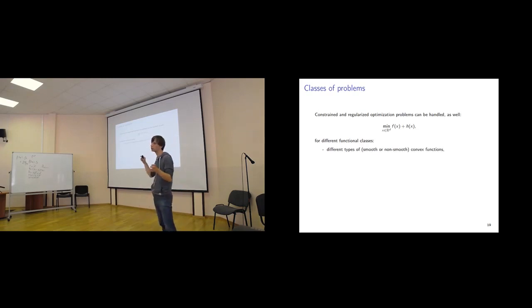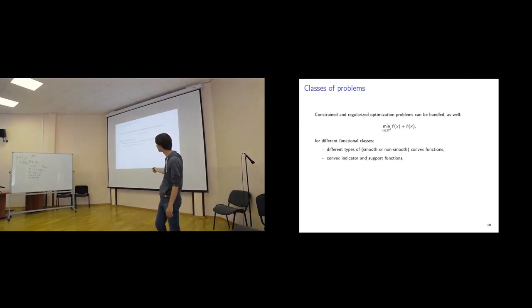Okay, so what can we do with that? I showed how to encode smoothness and strong convexity, so smooth strongly convex functions, but actually it's even simpler if you don't want them. If you want just convex functions, you can just do it by getting rid of the terms I showed in the beginning, okay? So it's even simpler in terms of inequalities, but you can also do, for example, smooth functions without strong convexity and things like that.